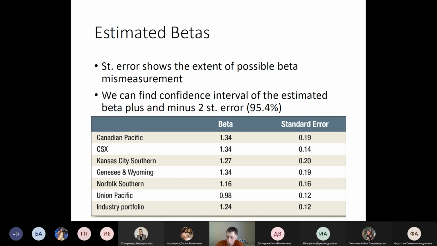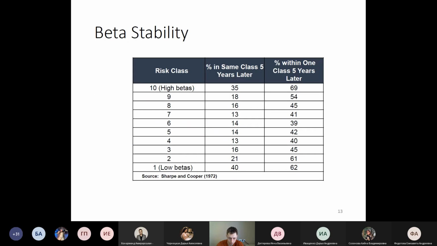And also, in order to make a more reliable estimation, instead of a discrete value of the return, we can use a range. For example, by adding or subtracting the standard error, we would say that with a probability of 95.4%, we expect the return to be in this range.